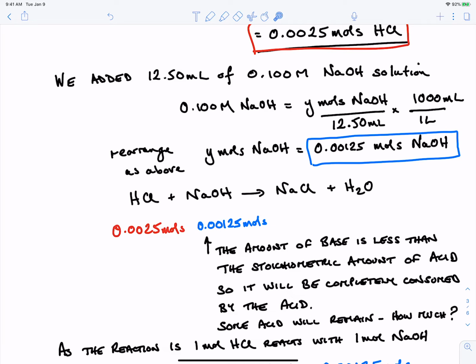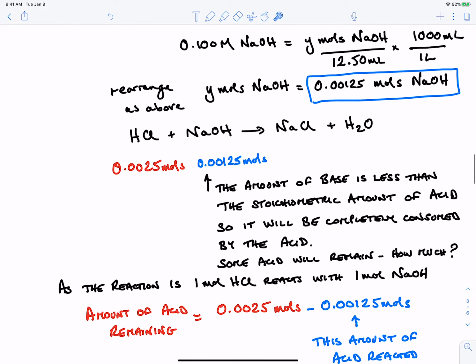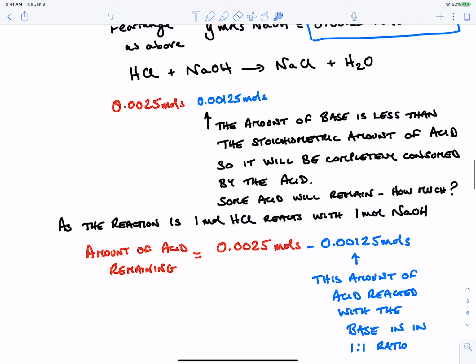So because the amount of base is less, it will be completely consumed by the acid. And so some acid is going to remain, because this is a smaller amount than this. And so we need to know how much acid remains.